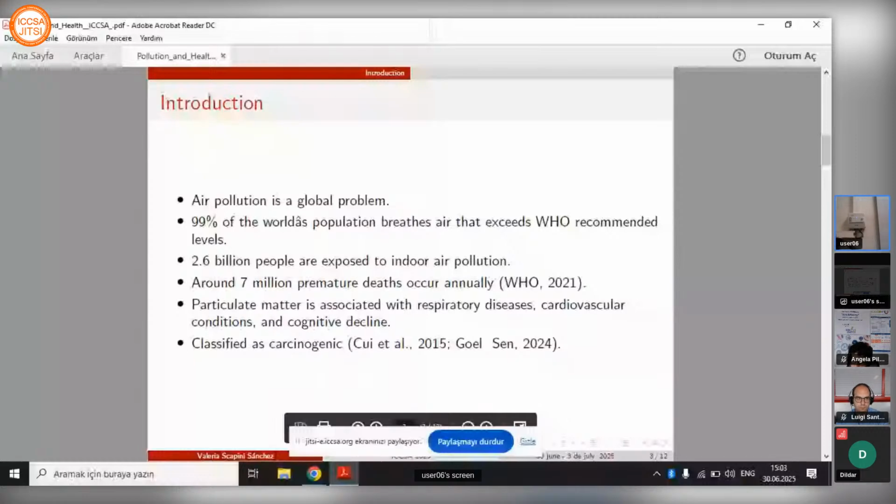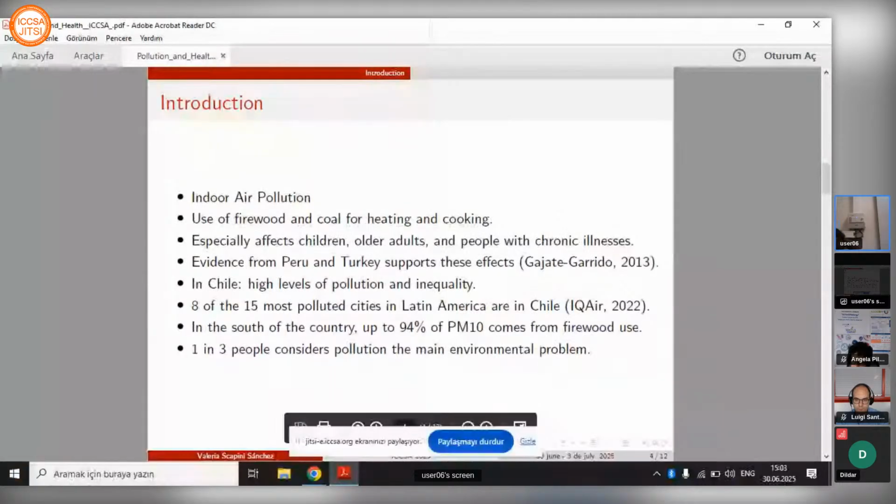There is a lot of literature on this topic, but about indoor pollution and health, there is literature, but not enough.